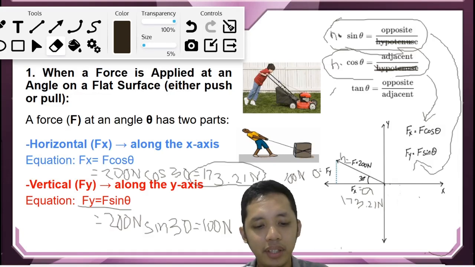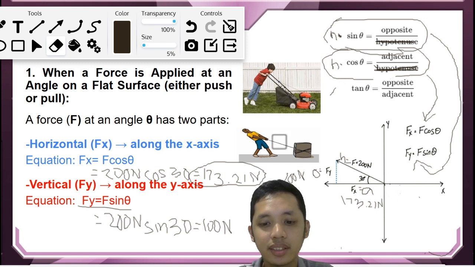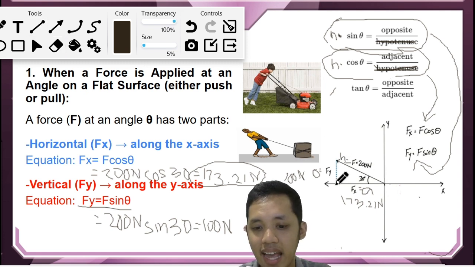Okay, now after getting the x and y components, let us check or predict whether this force being applied by this guy is enough to make this box move on this side.